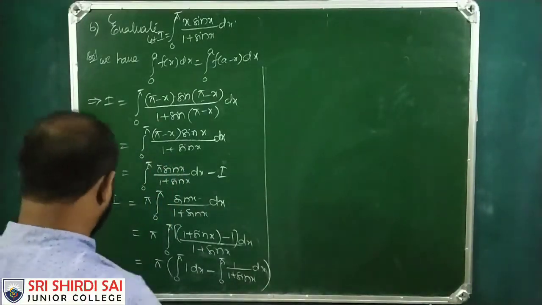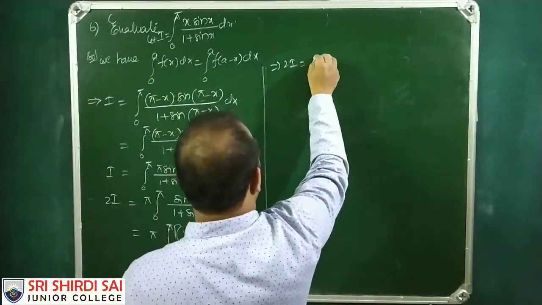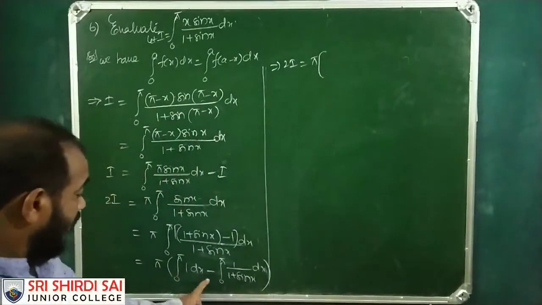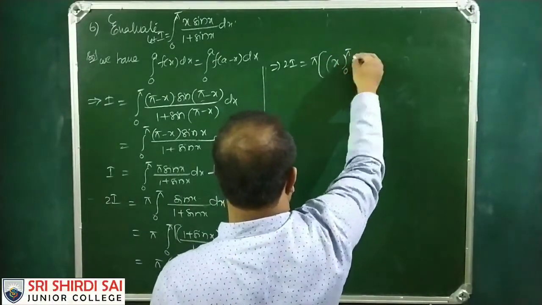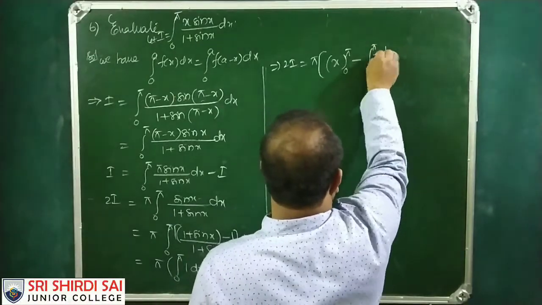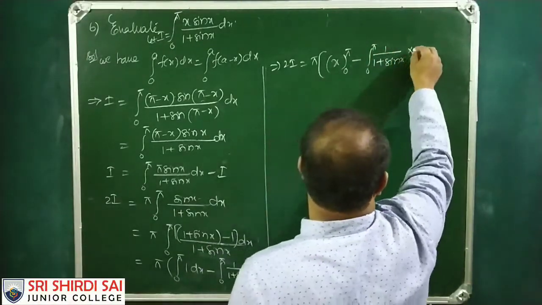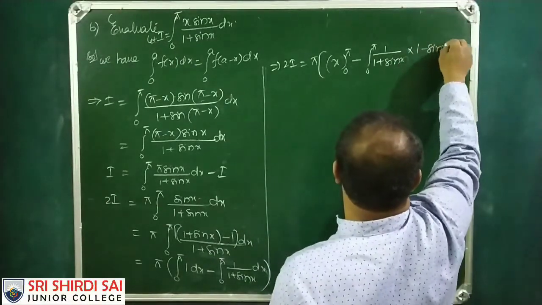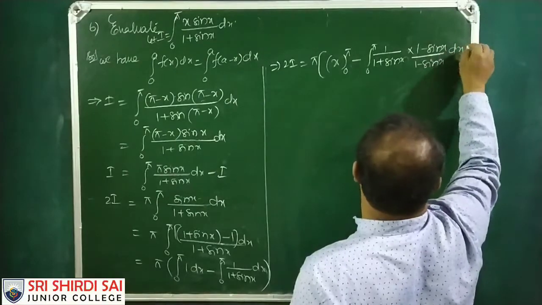This is equal to 2I is equal to pi into integral 1 dx is x from 0 to pi minus 0 to pi 1 by 1 plus sin x. I'll multiply with 1 minus sin x by 1 minus sin x dx.